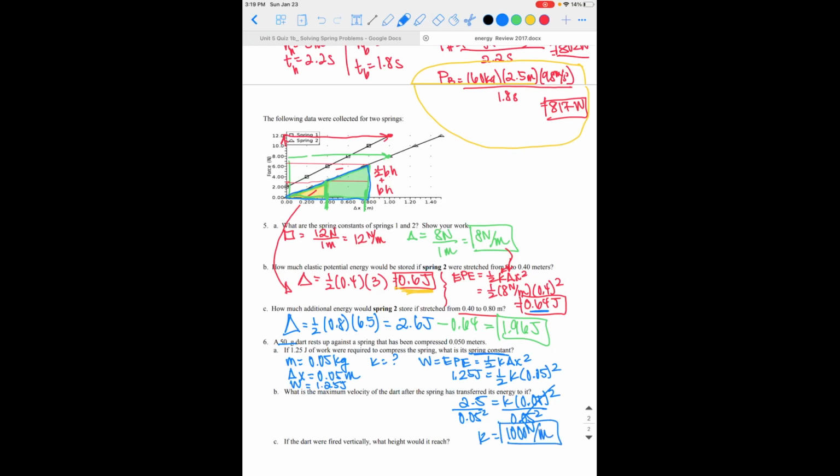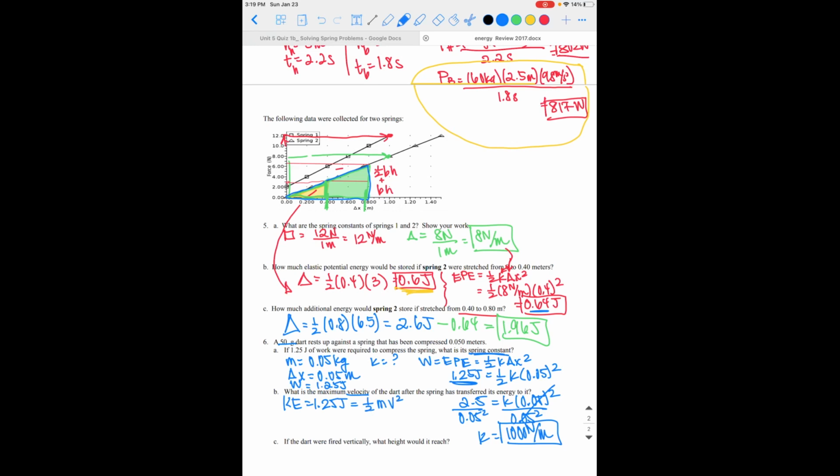All right, what is the maximum velocity of the dart after the spring has transferred its energy to it? So obviously we've got velocity. Velocity is kinetic energy. So all our elastic potential energy here is going to transfer to kinetic. So I'm going to say kinetic energy is 1.25 joules. And we want the velocity, which is equal to 1/2 mv squared. So we can solve for velocity.